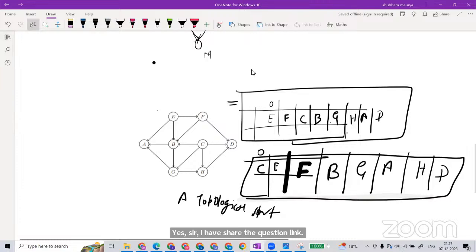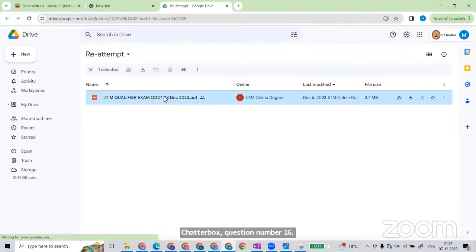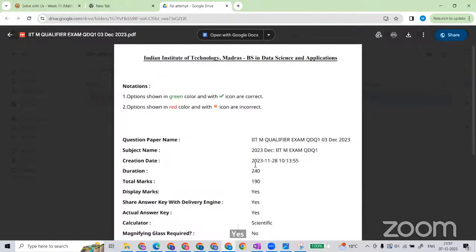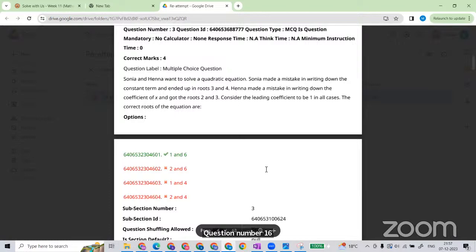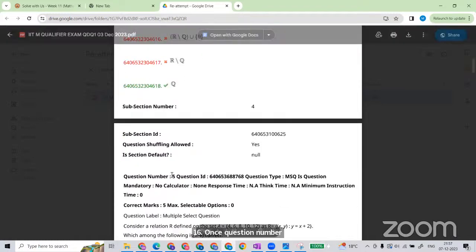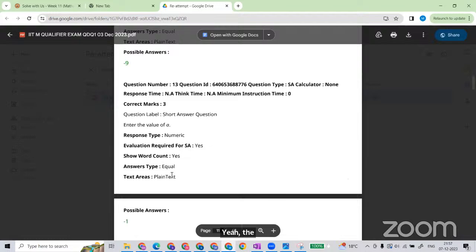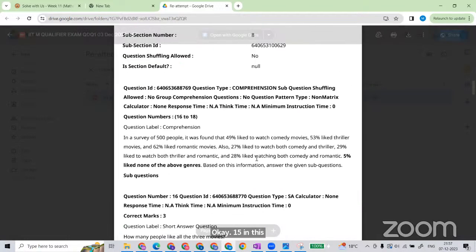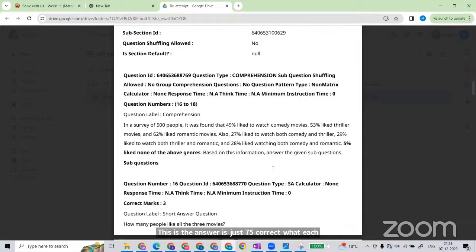Question number 16, in reattempt, Mathematics. It is a Cartesian related question, 3 marks: how many pupils like all 3 movies? The answer is 75, correct, but randomly 6 is put.